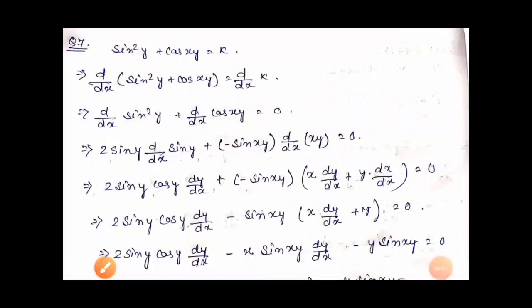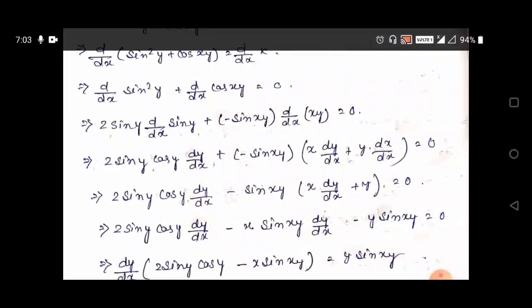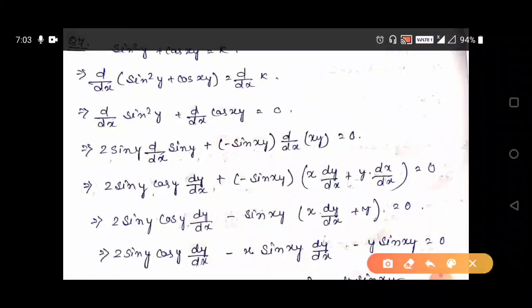Question number 7, the equation given is sin square y plus cos xy is equal to k. So here k is constant. We have to differentiate this equation with respect to x. So for that we have to take d dx on both the sides. If we write d dx of k, then it will become 0 because k is a constant.